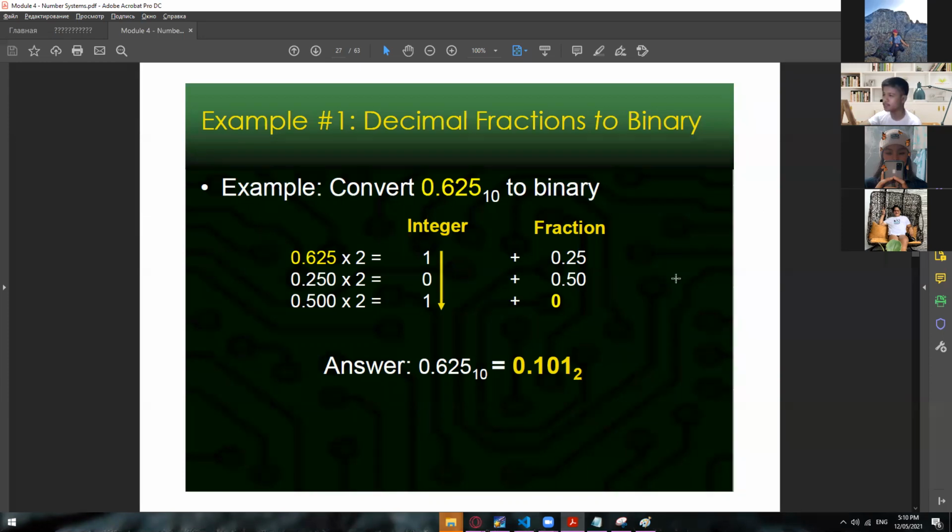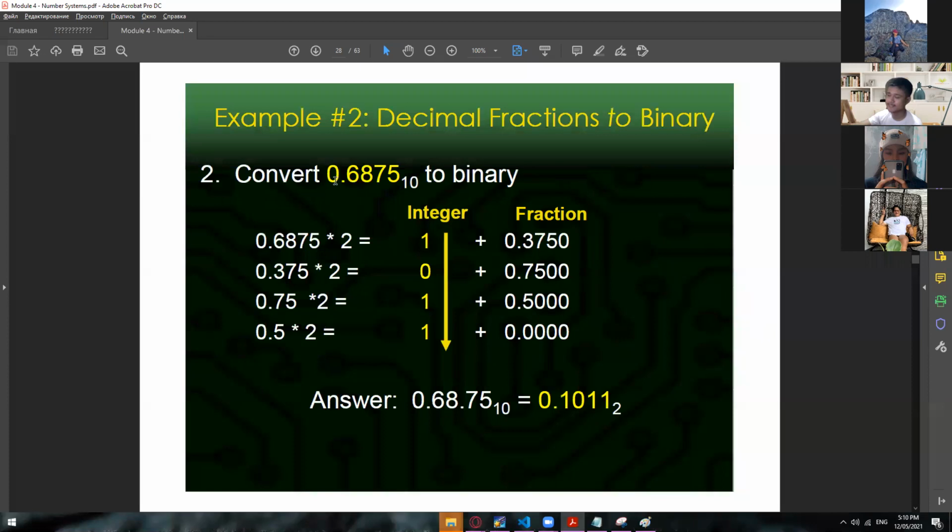So let's now proceed to the next example, wherein we have 0.6875 base 10. So it is asking us to convert this one into binary. So our multiplier will be, of course, 2. And then, of course, the same process. So just get this fraction and then multiply it by 2, and then separate your answers, say from integer to fraction. So 0.6875 times 2 will give you 1.375. So just verify this one using your calculator. Okay. So this fraction right here is not yet 0.